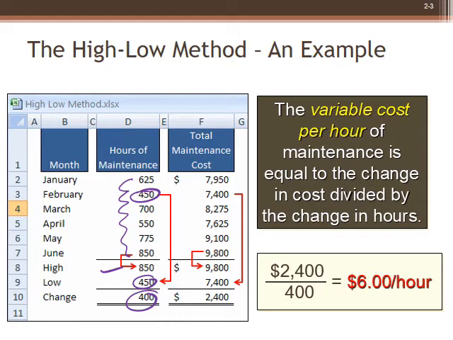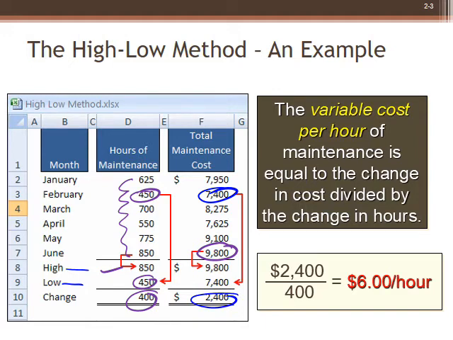The same procedure applies to the total maintenance cost. What is the highest cost here? It is 9,800, and the lowest one is 7,400. The difference between high and low is 2,400.